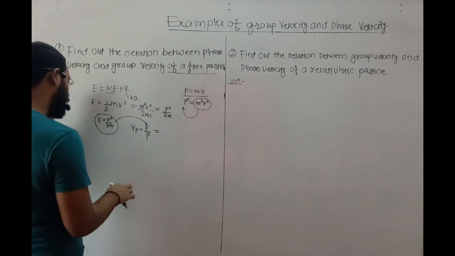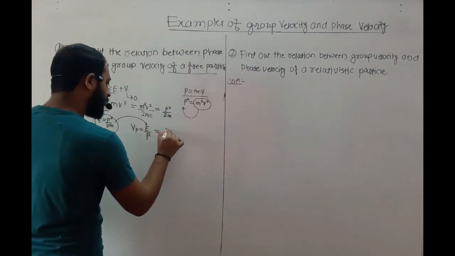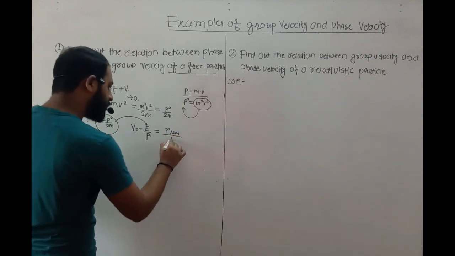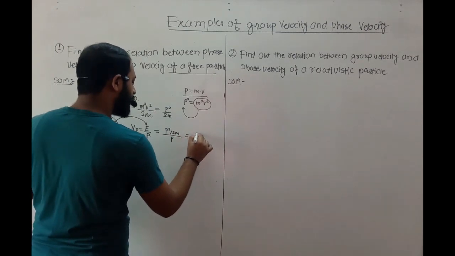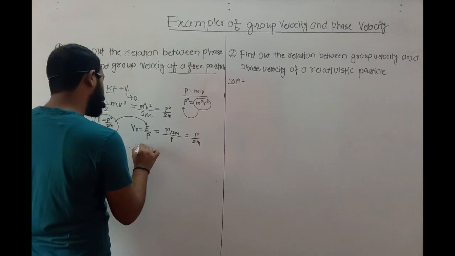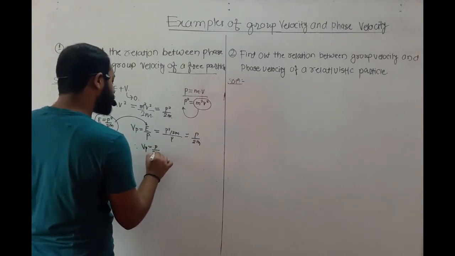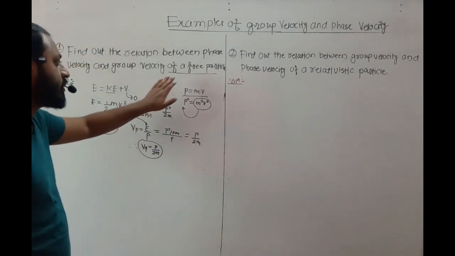In place of E, I write p square by 2m upon P. One p gets cancelled. Therefore, Vp equals P by 2m. This is your phase velocity for a free particle.